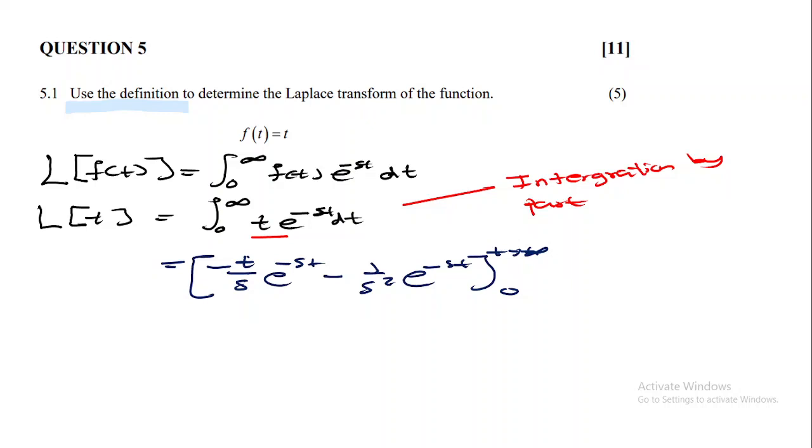From this point, we substitute the values of our limits, the value of 0 and the value of infinity, in this function.